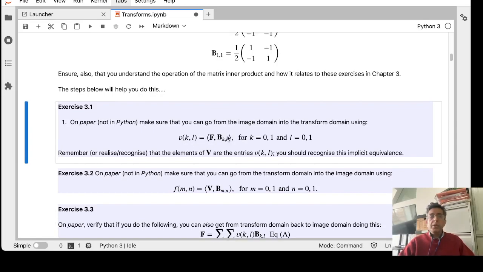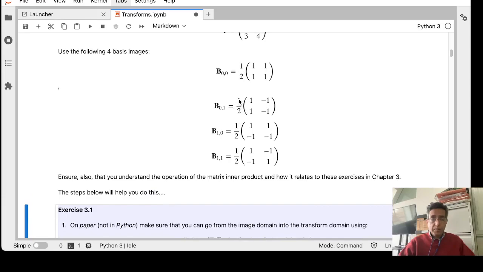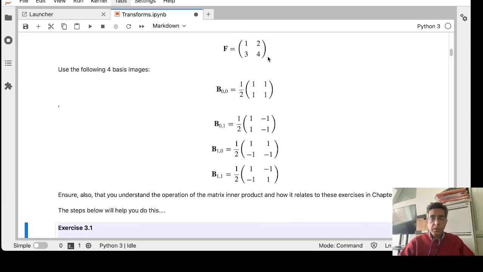So this is the forward mapping. This thing represents the inner product between matrices, which is equivalent to the Hadamard product between each of these, and then summing the Hadamard result.